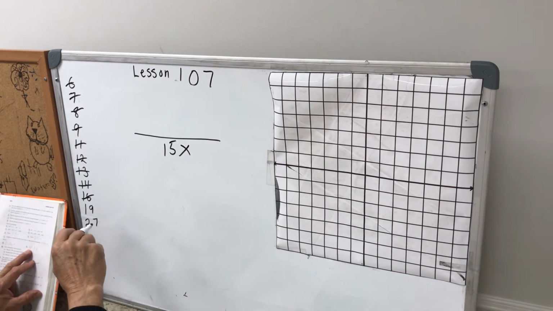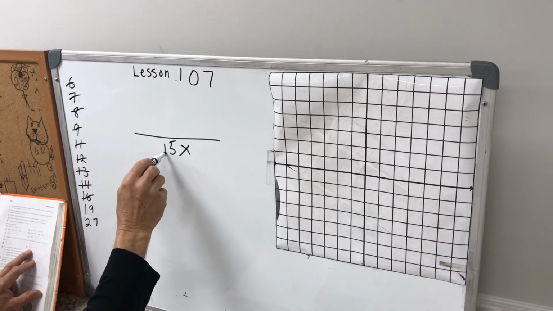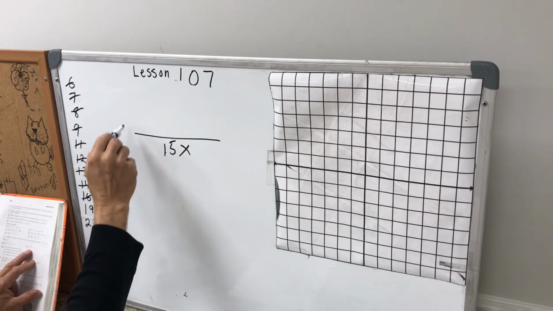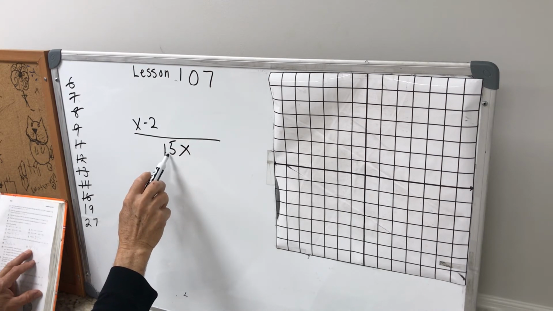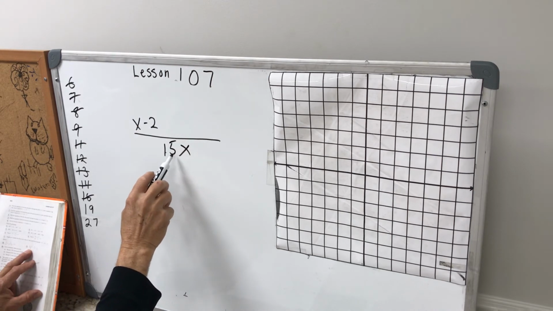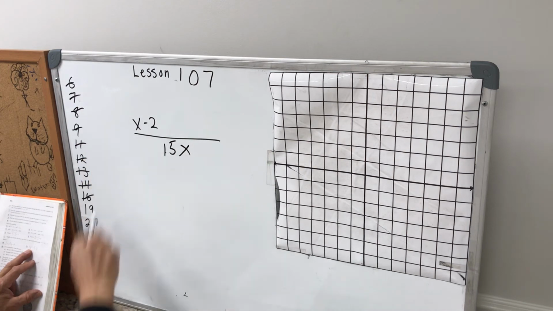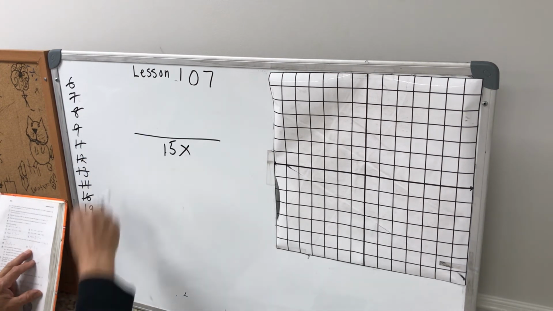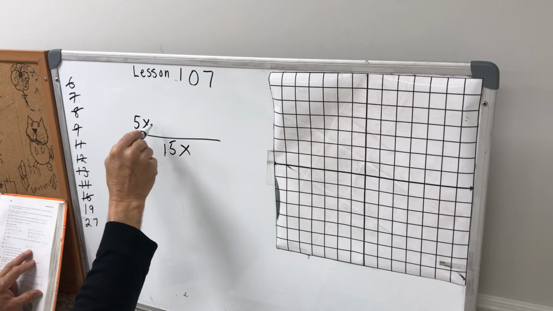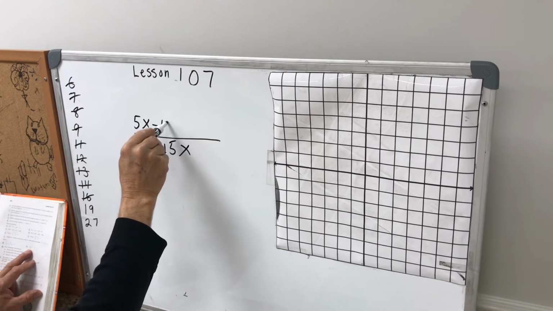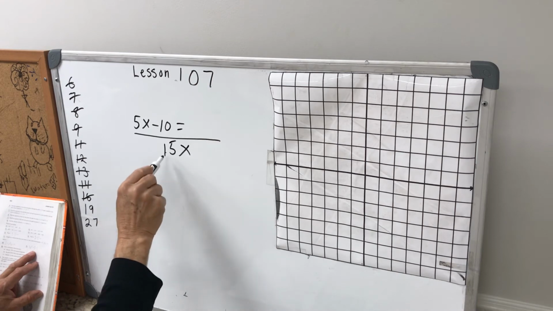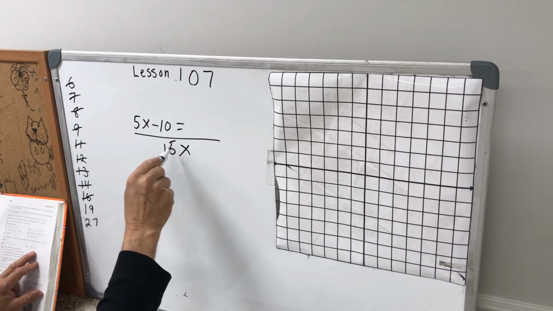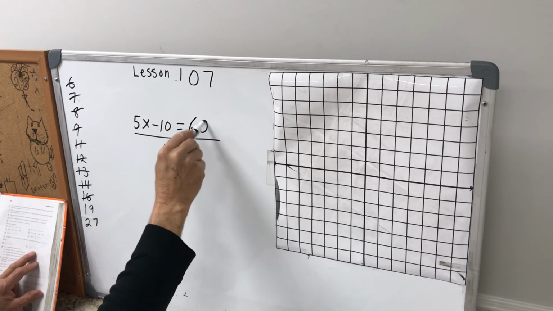Okay, then, so if I have a 15x and I have it under this x negative 2, I have a 3. 3 goes into 15 5 times, so I'm going to change this to a 5x, and 5 times negative 2 is a negative 10 equals, I'm missing the 15, so 15 times 4 is 60.